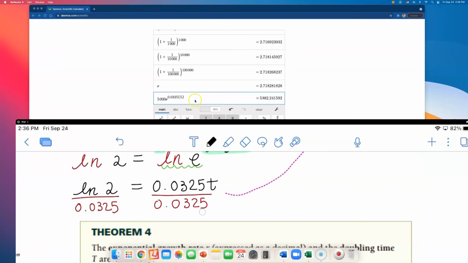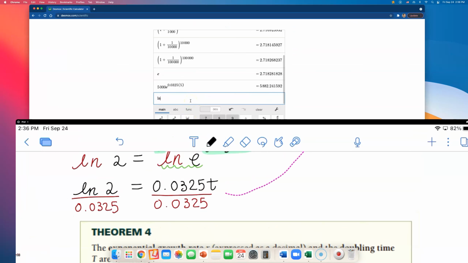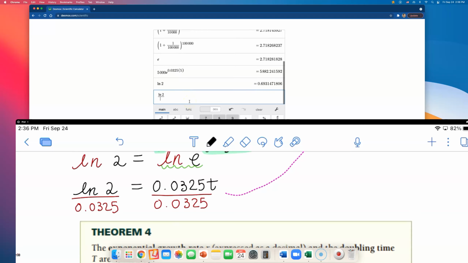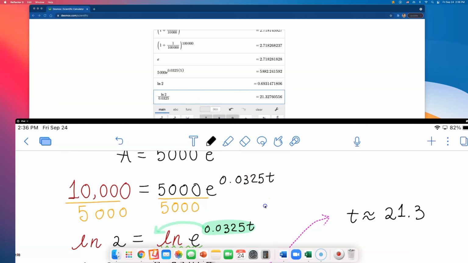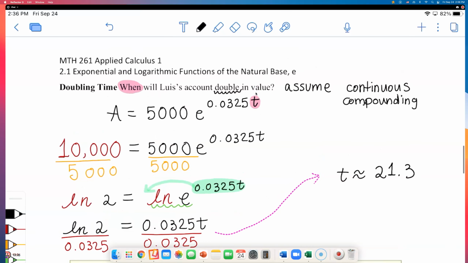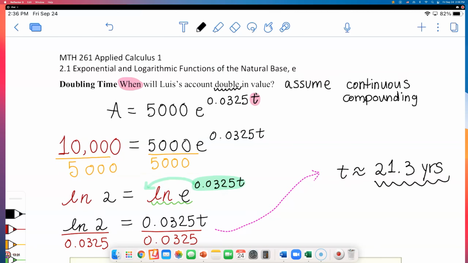Natural log of 2 divided by 0.0325. That comes out to be, I'm sorry, Luis, he's going to have to wait 21.3 years. I'll round it however I like. That many years he has to wait, even if it was compounding continuously.